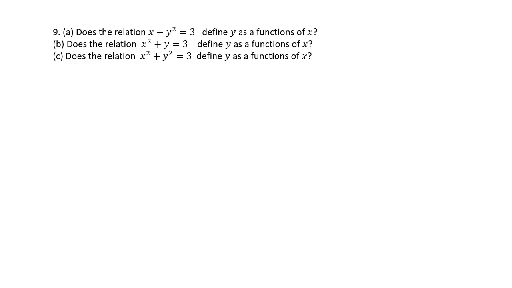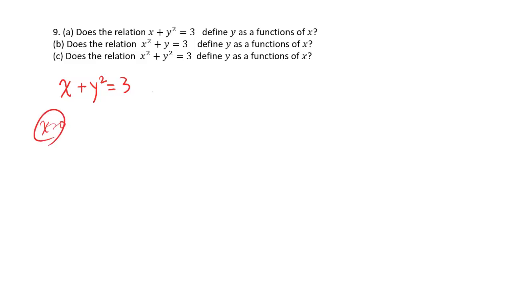Okay, question 9. Does the relation x plus y squared equals 3 define y as a function of x? Well, there are multiple ways to do this. I guess the simple way is plugging in a value for x. Just say x is 0.